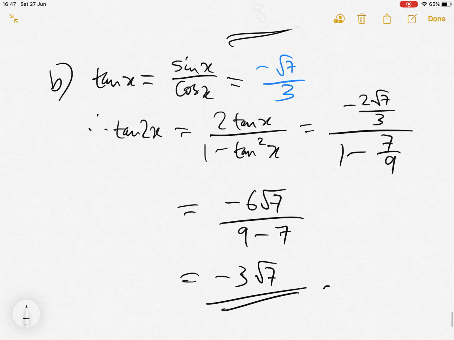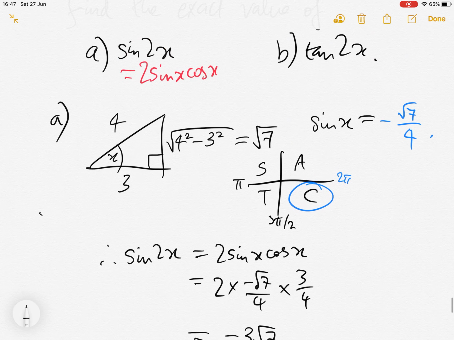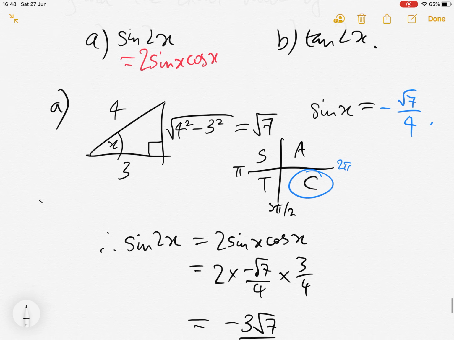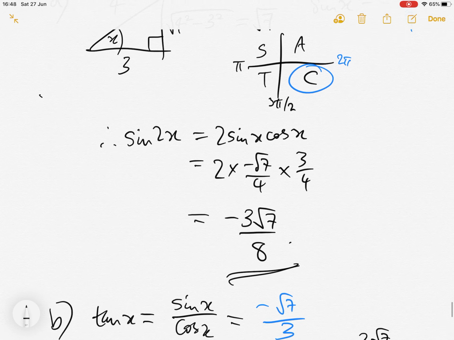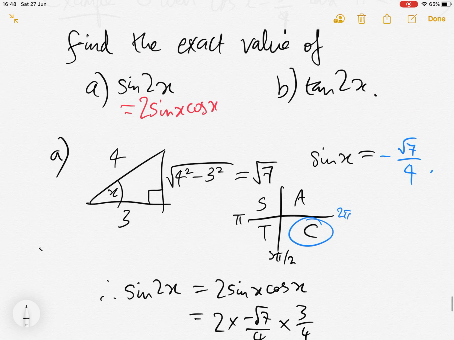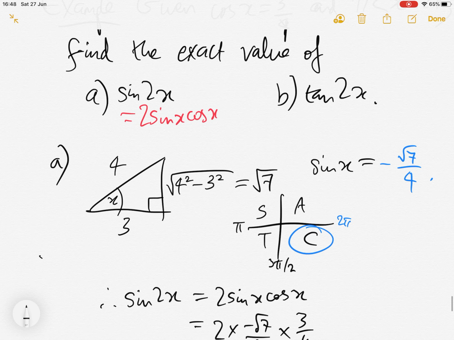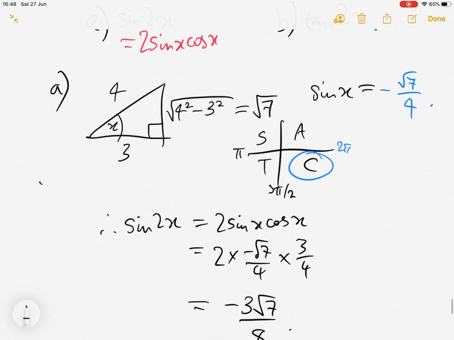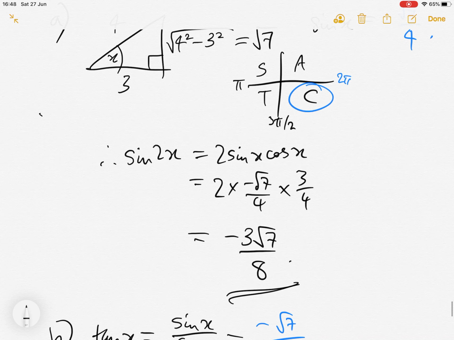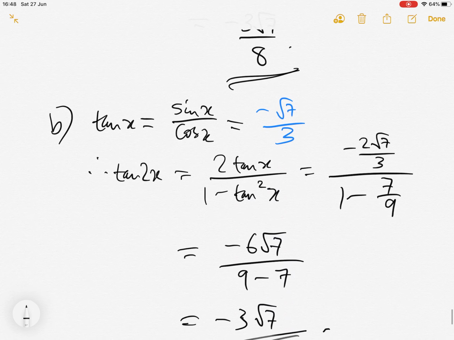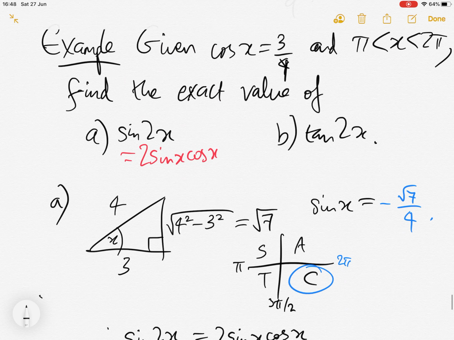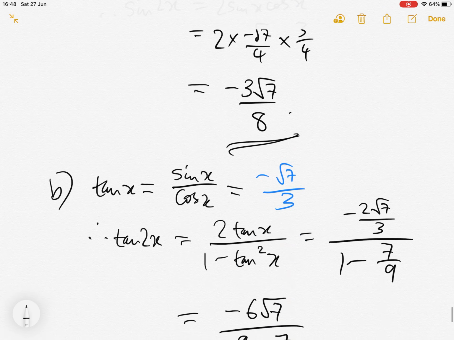And that's the answer. So for an exact answer, you need to leave everything in terms of square roots. Your calculator might be able to give you the answer, but don't bank on it. But you shouldn't need it, as long as you're careful. And obviously you can use your calculator to do other bits of the multiplication if needed. But if you're asked for an exact answer, you must keep all of the square roots.